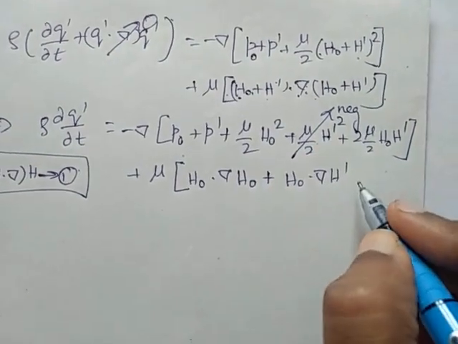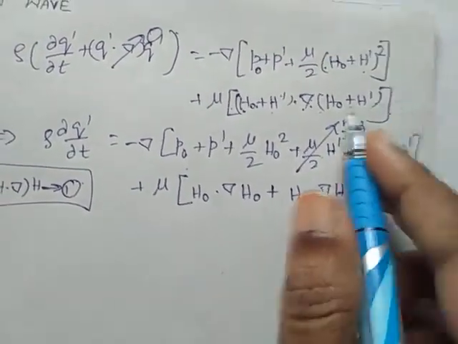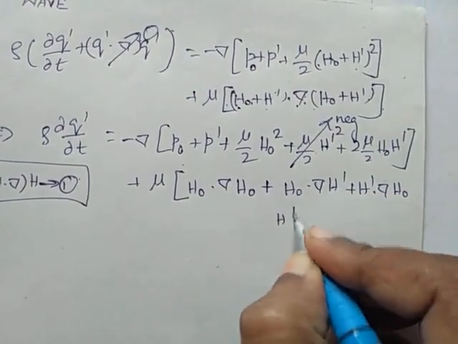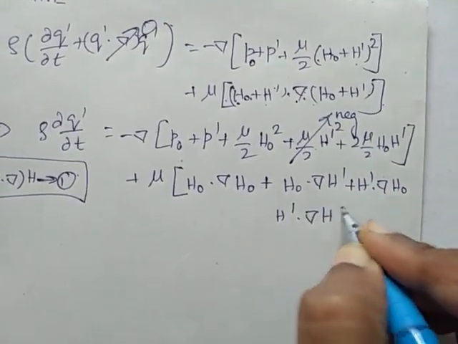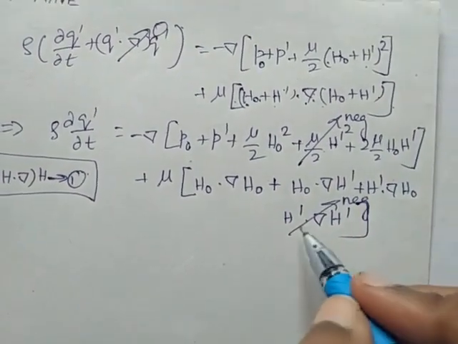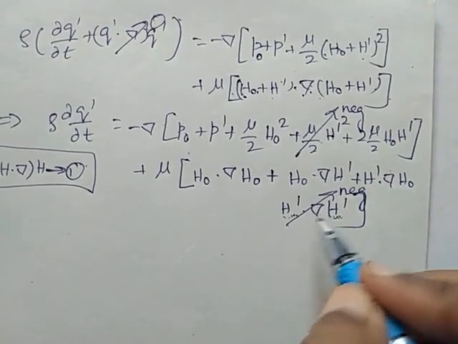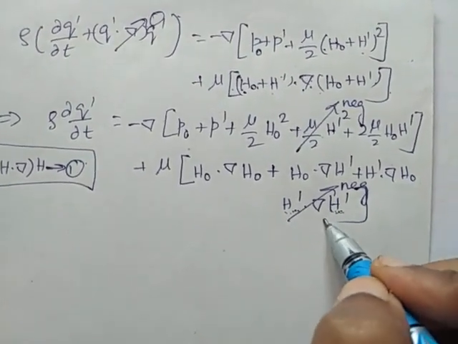Similarly, we are having H dash dot del H naught, and the last one H dash dot del H dash. Again, product terms we are neglecting. Products of perturbed values are very small. Therefore, we are neglecting them here.